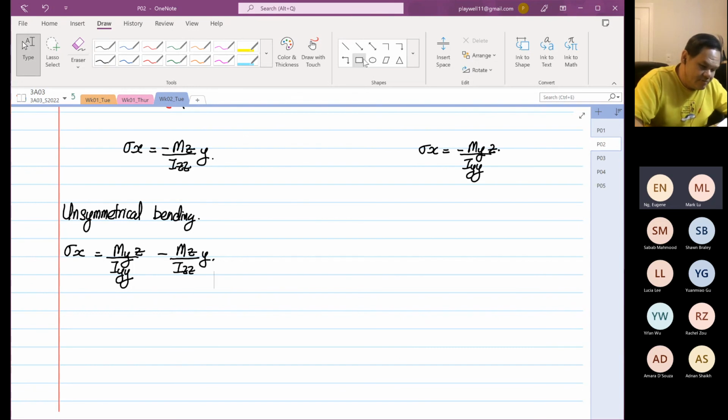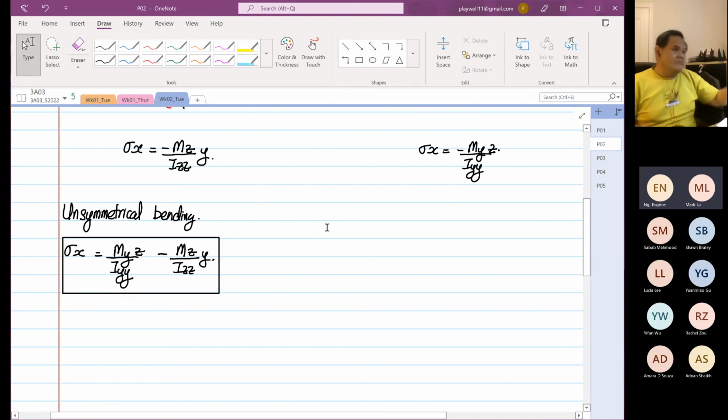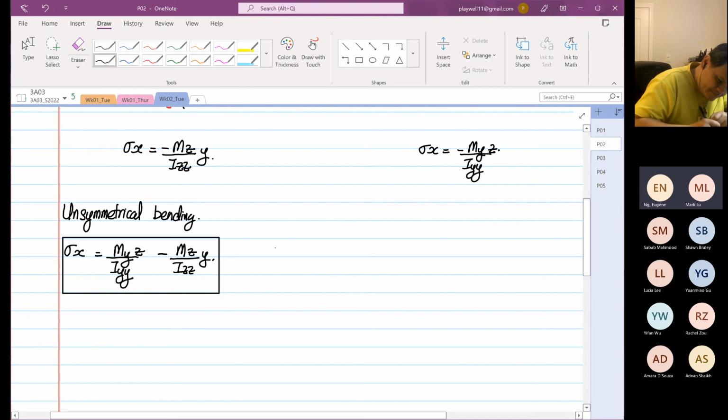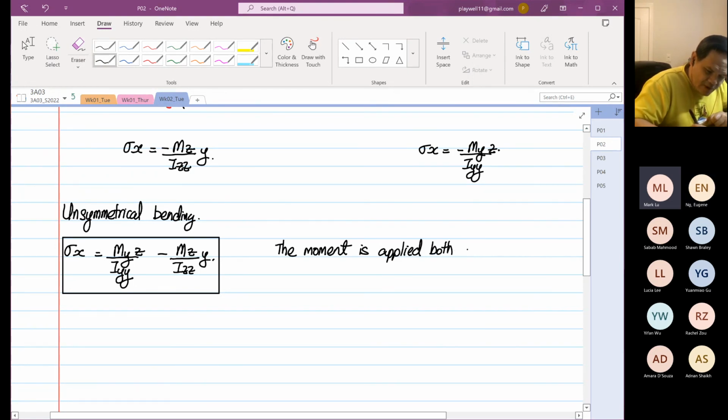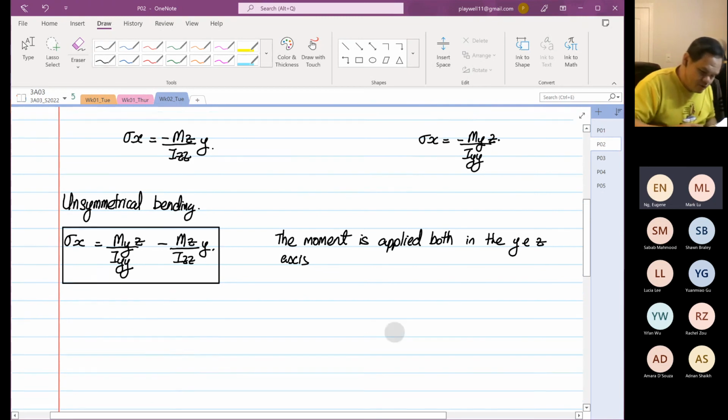So in unsymmetrical bending, as you can see now, the moment is applied in both the y and z axes.